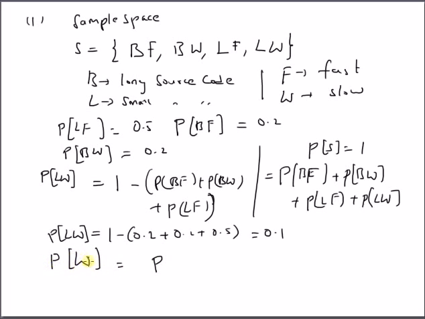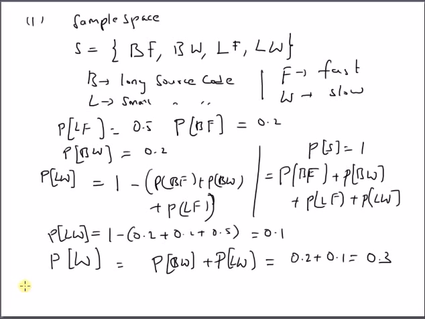Since the event W consists of 2 possible outcomes, BW and LW, the probability of W should be equal to the probability of the constituent outcomes, that is probability of BW plus probability of LW. So we know that LW is 0.1 and BW is given as 0.2. So the probability of W, that is the code is slow in terms of execution, is equal to 0.2 plus 0.1, which is equal to 0.3.